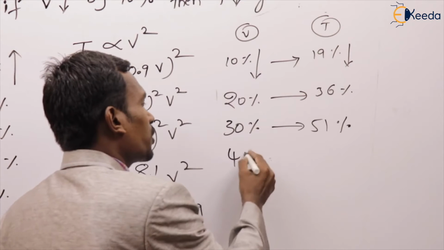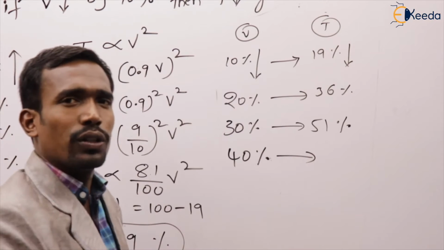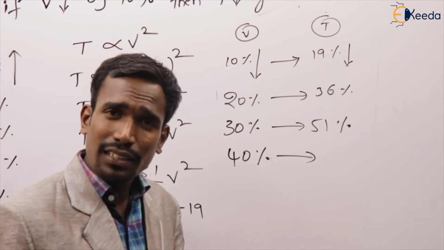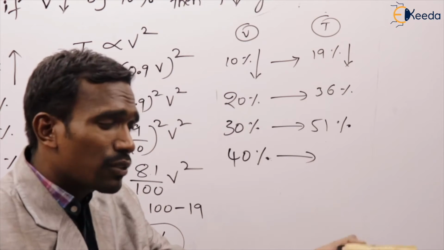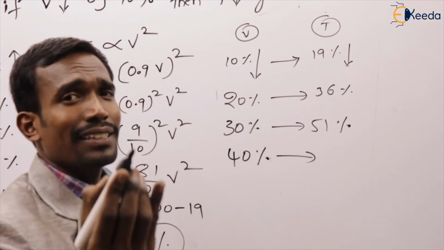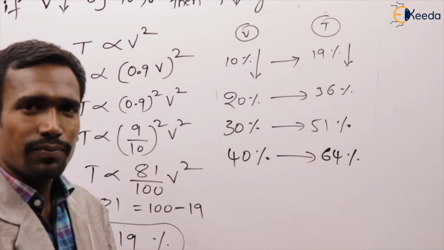If voltage reduced by 40%, that is 0.4 removed. If 0.4 is removed from 1, what is the value? 0.6. 6 square is 36, which is 100 minus 64, so 64%.